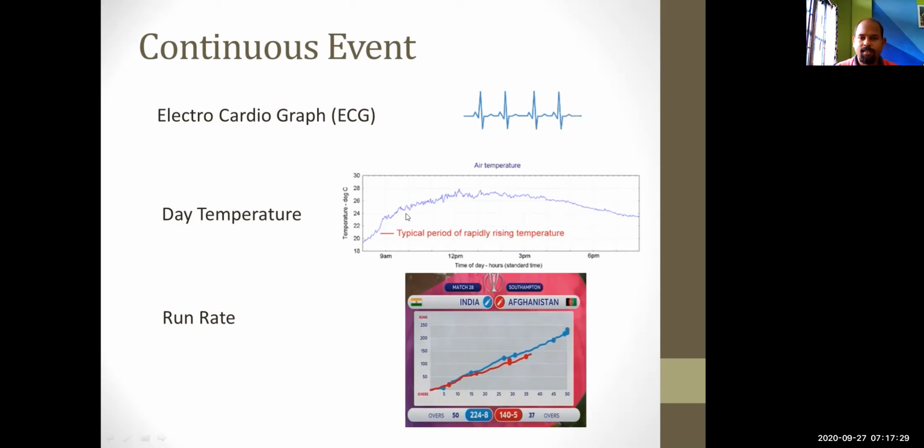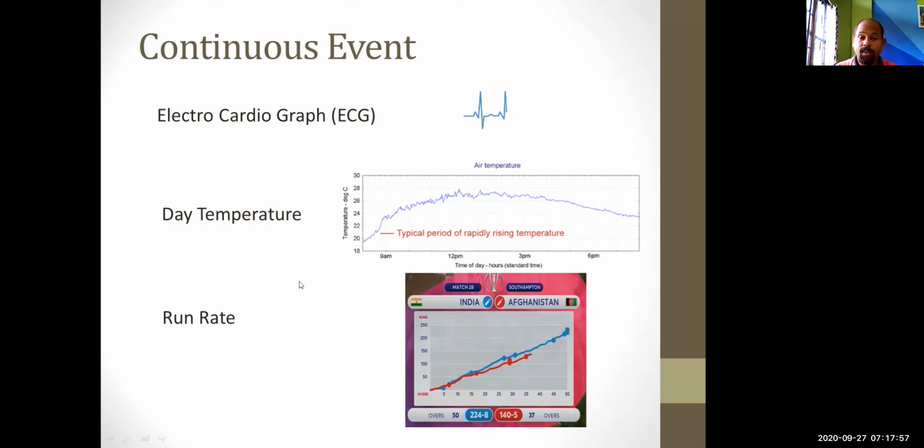In the midday, from 12 p.m. to 3 p.m., the temperature goes very high. And if there is some raining or sudden weather change, then temperature may fall. Here you can see there are some variations also in the graph. So this is a continuous event.